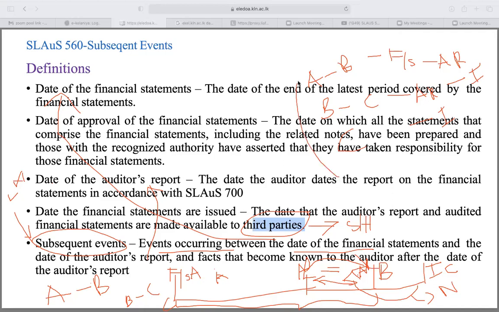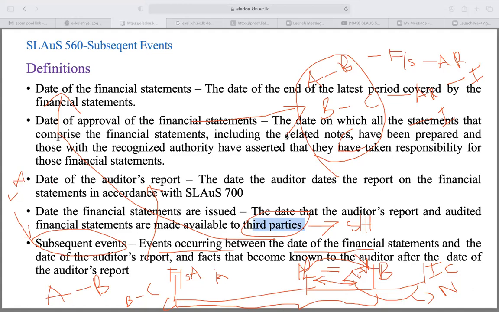So basically these three phases are talked about in the SLAUS 560, right? A and B, that means the period between financial statement date and the auditor's report date, and B and C, auditor's report date and the financial statement issuing date, and the period C, which is after the financial statements are issued to the shareholders, right?